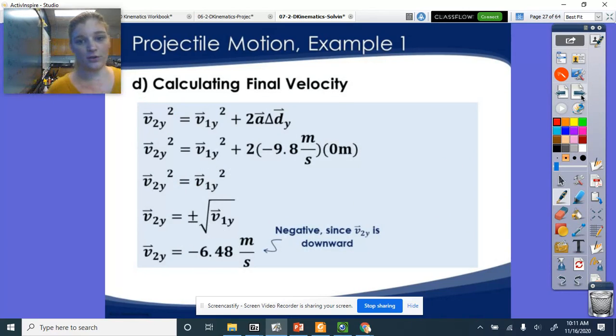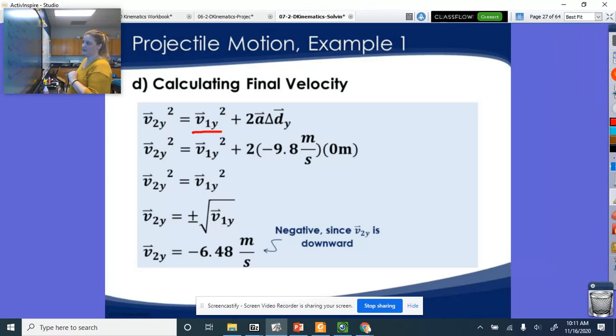Now to calculate the final velocity, we have now figured out, well, okay, so this is kind of, I think, excessive. The total final velocity, we already knew what our starting velocity was because we calculated it out, and we're going to square that plus 2 times our acceleration, which is gravity, and our displacement in the y is 0 for the whole thing because we start at the ground and we end at the ground.